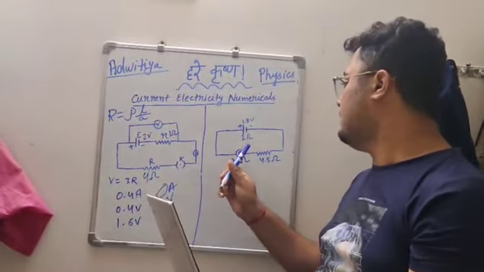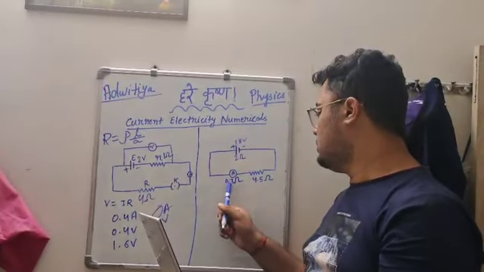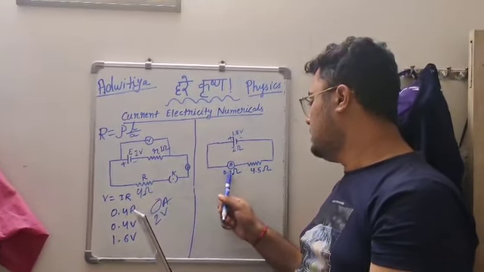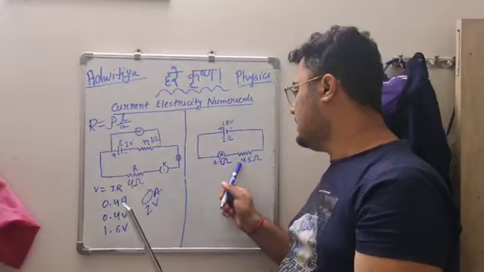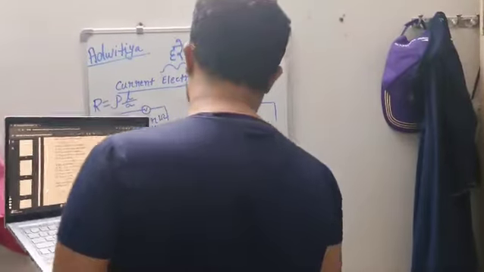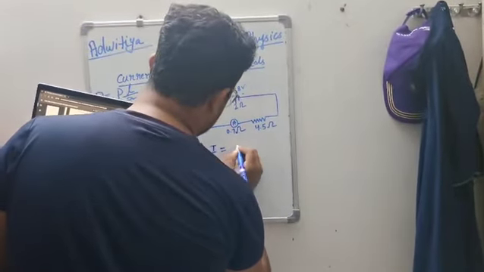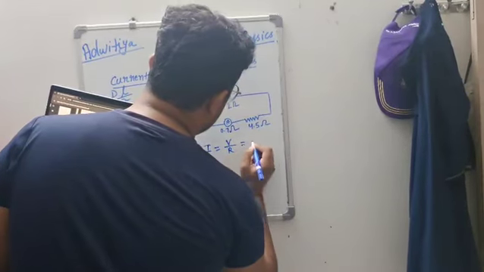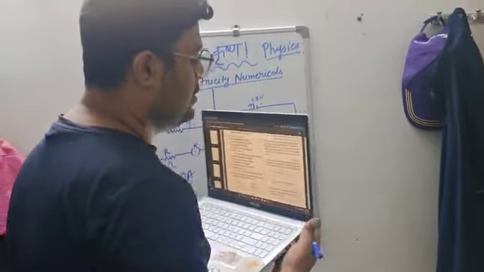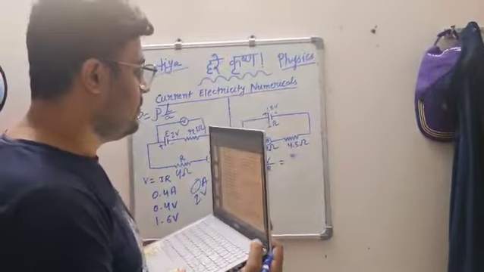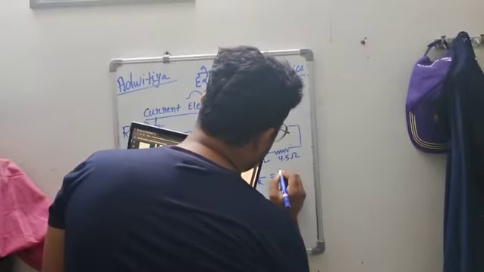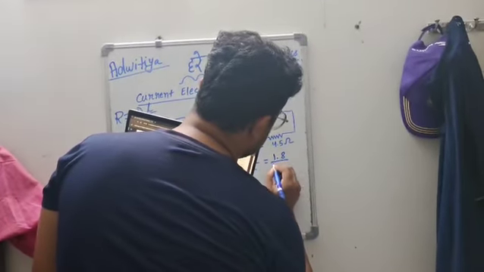Here we have 2 ohm, here we have 0.7. So 2 plus 0.7 is 2.7. 2.7 plus 4.5 is 7.2. Once again we will apply Ohm's law, I equals V by R. Here V equals 1.8. Mistakes can happen, we are not perfect.